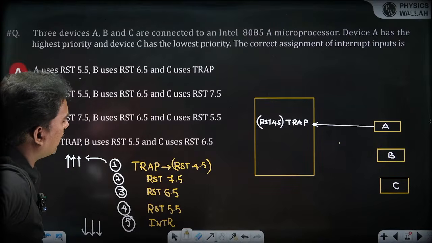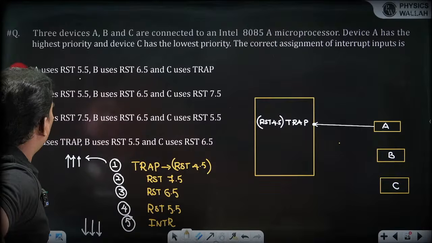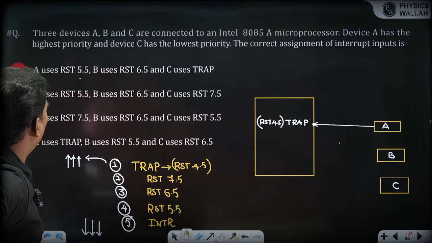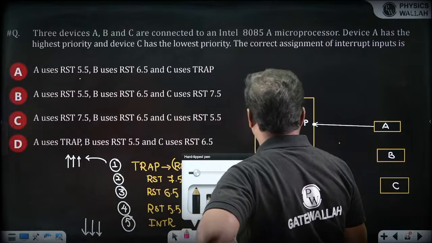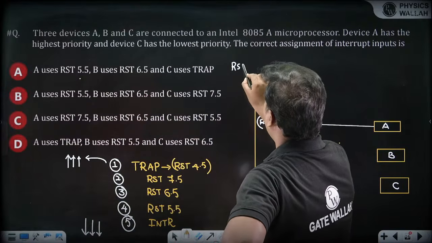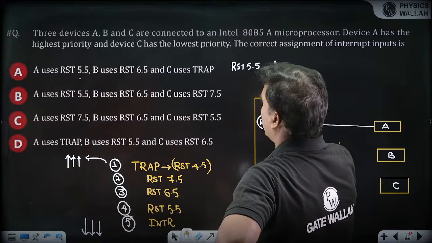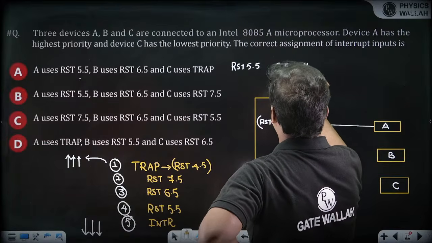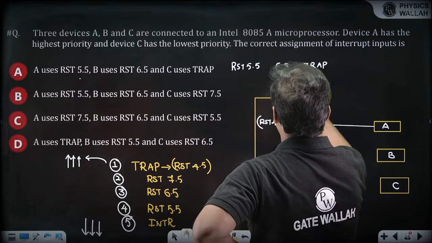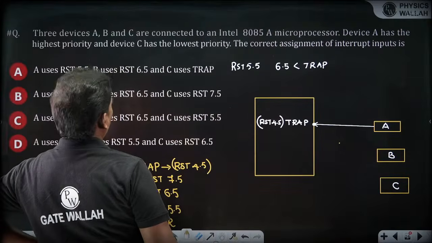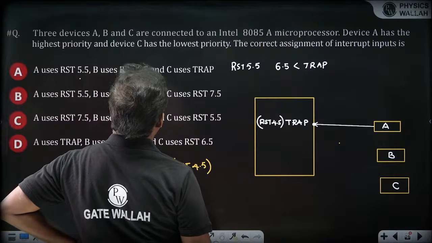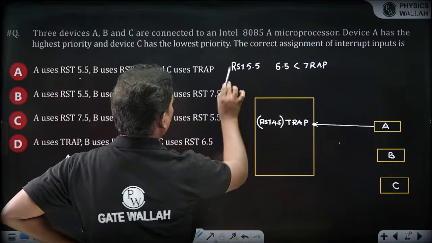So which is the right answer here? Let us analyze like this. First option: RST 5.5, next 6.5 and TRAP. TRAP is the highest priority, 6.5 is the least. Not like this. It's a confusing thing.